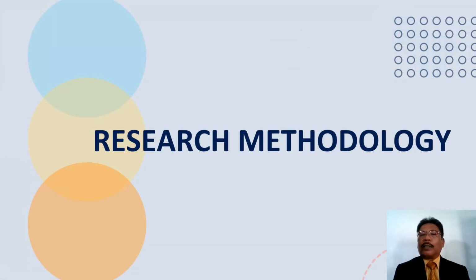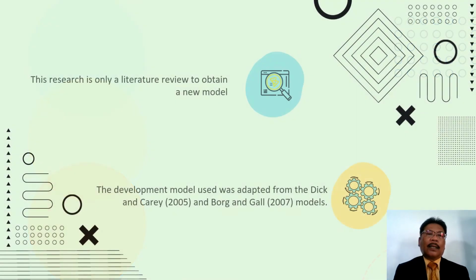Research methodology. This research is only a literature review to obtain a new model. The development model used was adapted from the Dick and Carey 2005 and Borg and Gall 2007 models.